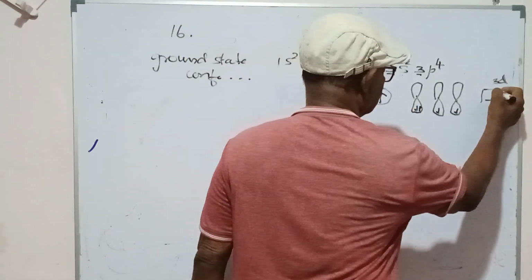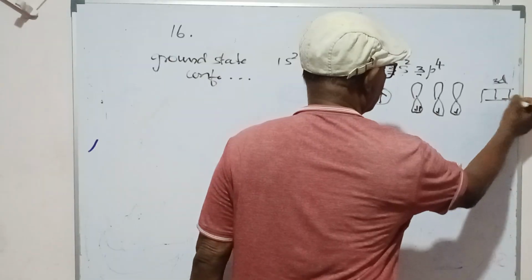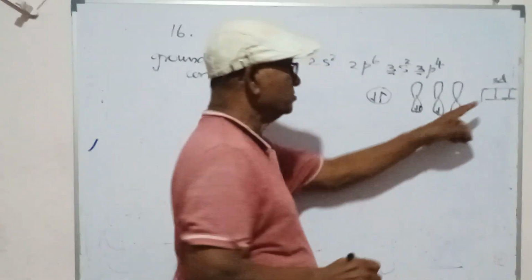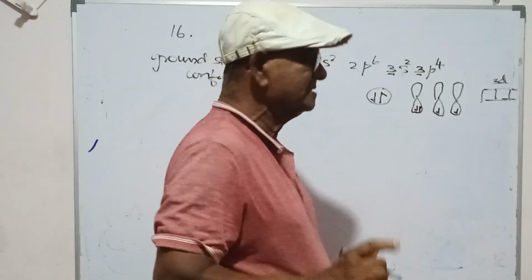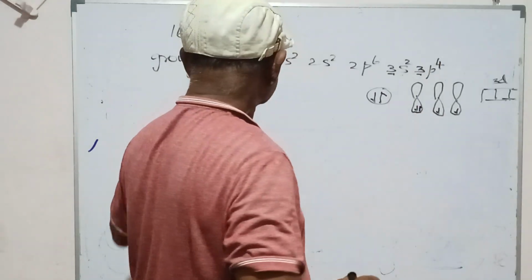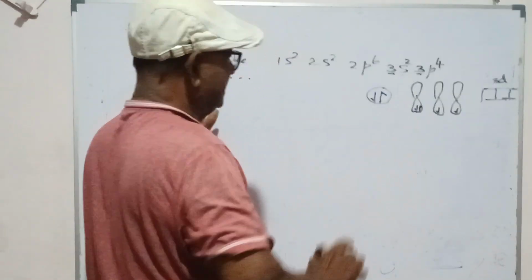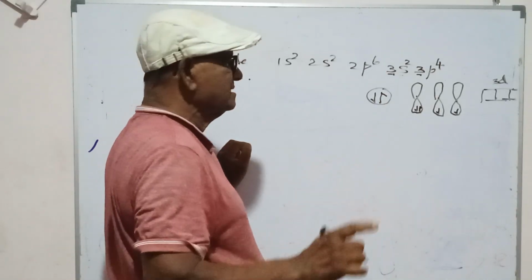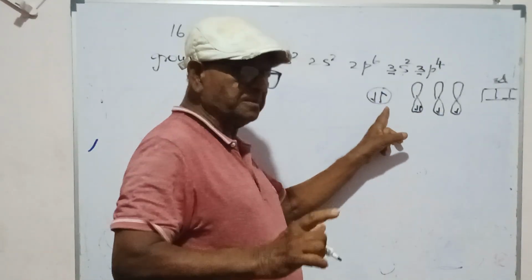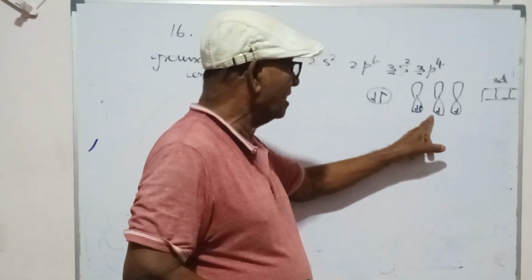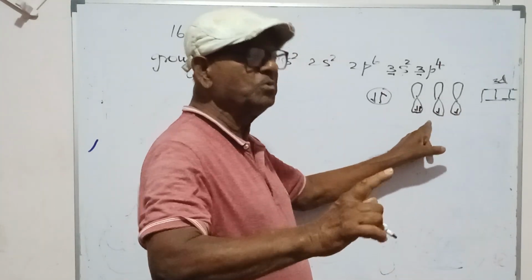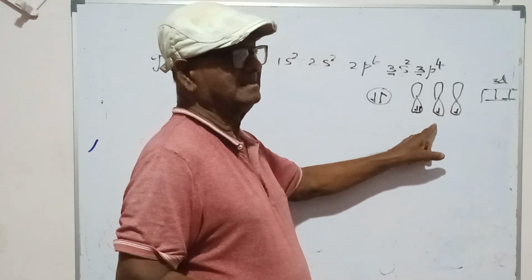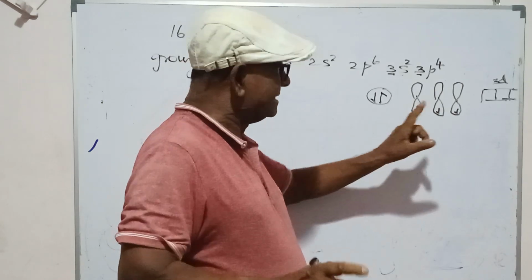I have drawn 1, 2 out of 5. No need to know the shape. Right? This is the ground state configuration. According to that configuration, sulfur has the possibility to form only 2 covalent bonds.